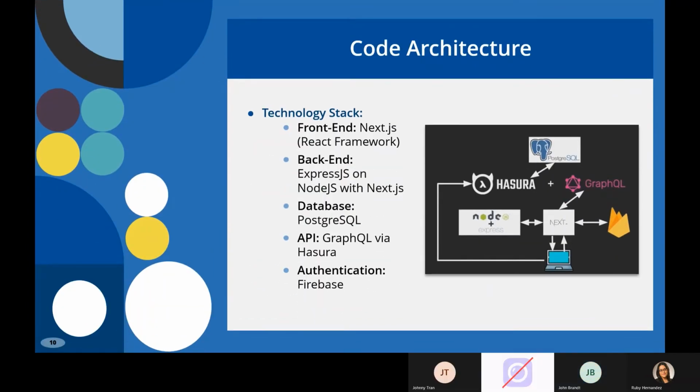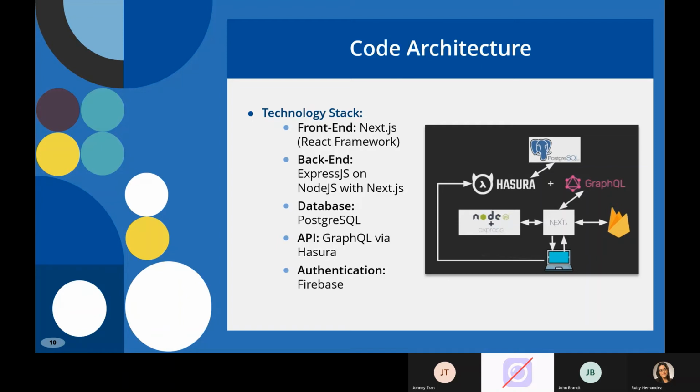All right, so these are the technologies that we are going to use for the project. Pretty much all of these were already brought up by the previous group, and so we're pretty much taking over. So for the front end, we're going to be using Next.js.